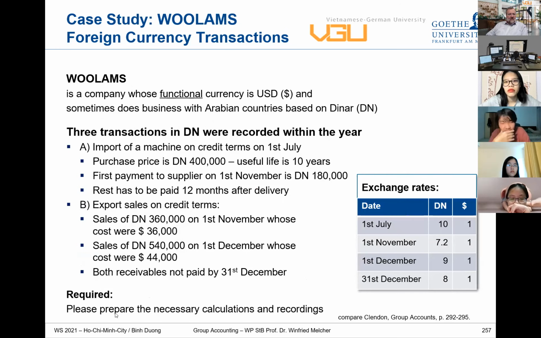All right, so let's do an example. So please go to the breakout rooms. I will send you there. And then please read the foreign currency transaction case study. And then please prepare the necessary calculations and recordings.